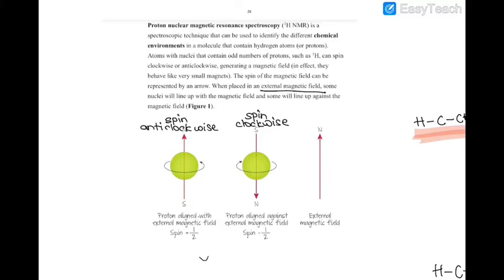One will align in the same direction, like here, and one will align in the opposite direction, like this. Now, when there is a change in the spin, it's going to absorb radio frequencies in the electromagnetic spectrum. And this is what gives rise to peaks in the HNMR.